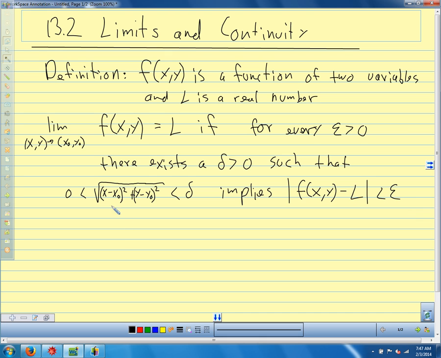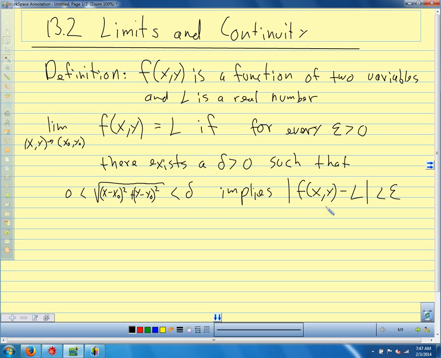So this quantity, the square root of (x minus x0) squared plus (y minus y0) squared, what is that quantity? That's a distance formula, right? So we're saying the distance from (x,y) to (x0,y0) is less than this number delta. So if our point (x,y) is very close to (x0,y0), that's what this delta means.